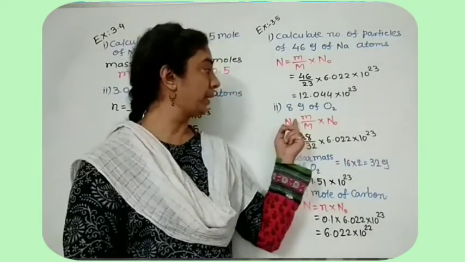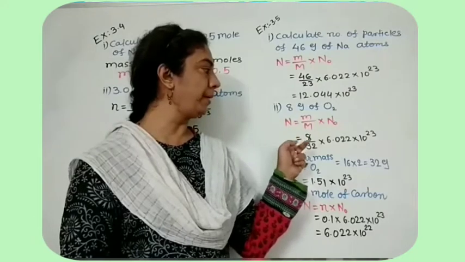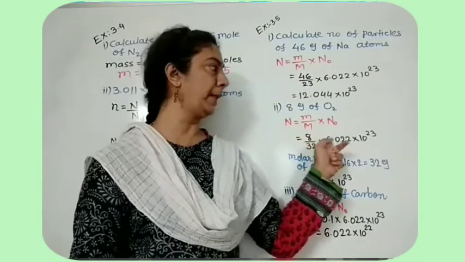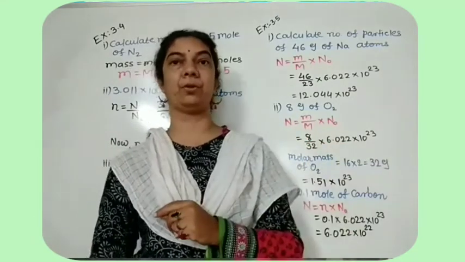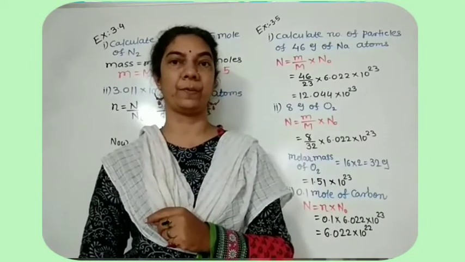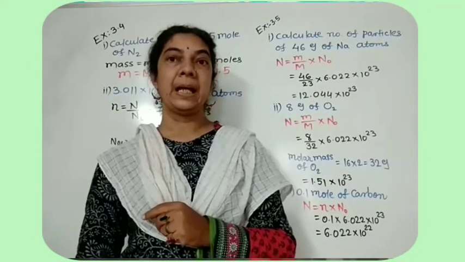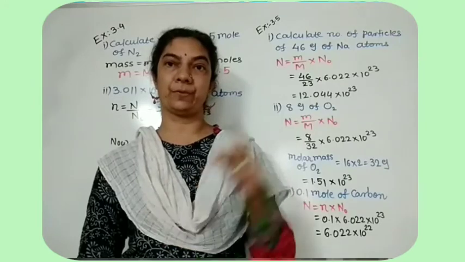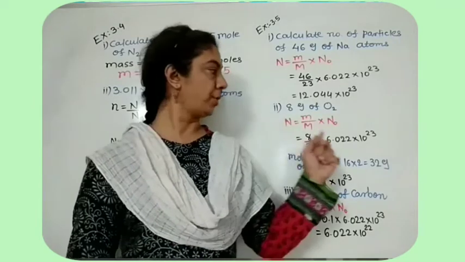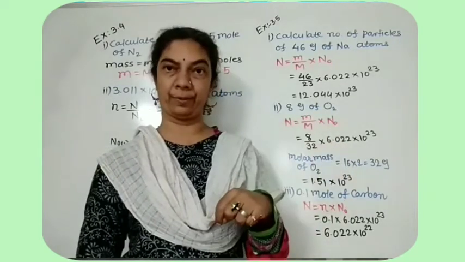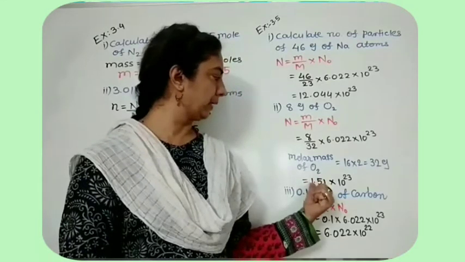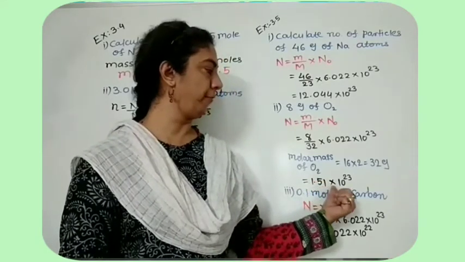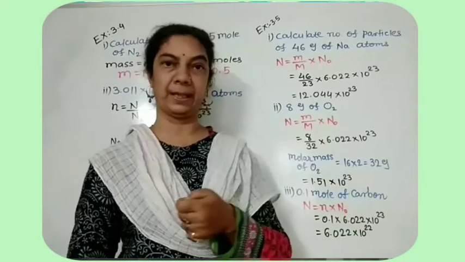Given grams are 8, so 8 divided by 32 multiplied by 6.022 into 10 raised to 23. 8 upon 32 gives 1 by 4. So 6.022 divided by 4, we get the answer as 1.51 into 10 raised to 23.